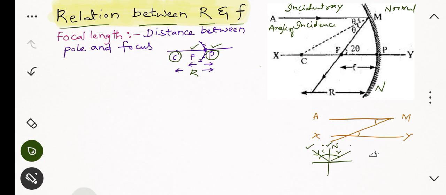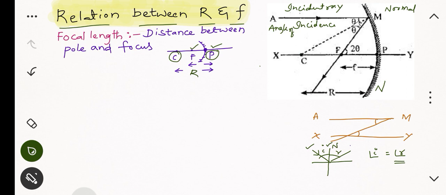And we know that from the laws of reflection, the angle of incidence must be equal to the angle of reflection. So the incident angle is theta and the reflected angle is also theta.